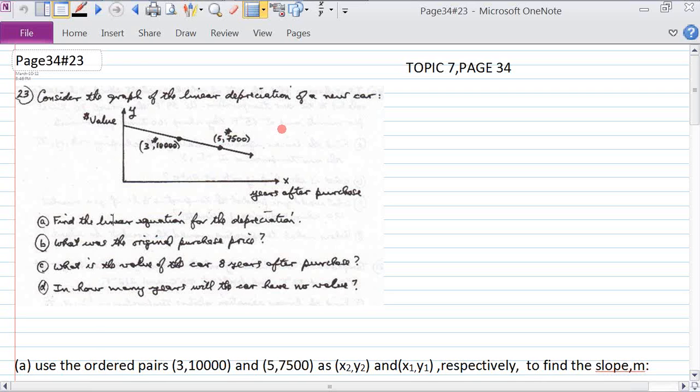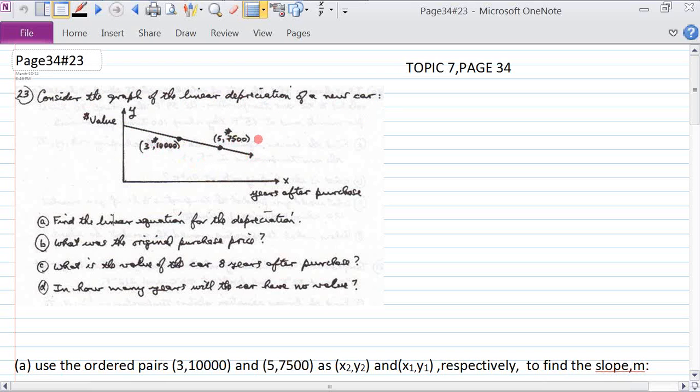You'll find that from the 5th to the 6th year, it doesn't go down that much. It might go down by $1,000 or $1,500, not the same amount that it goes down in the first year. But anyway, this is a very good example to show a linear relationship if one assumes that there is a linear depreciation of the car.